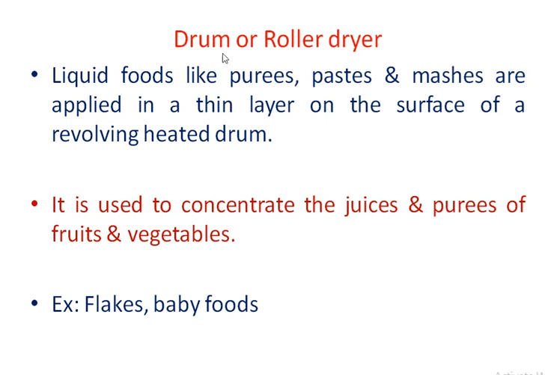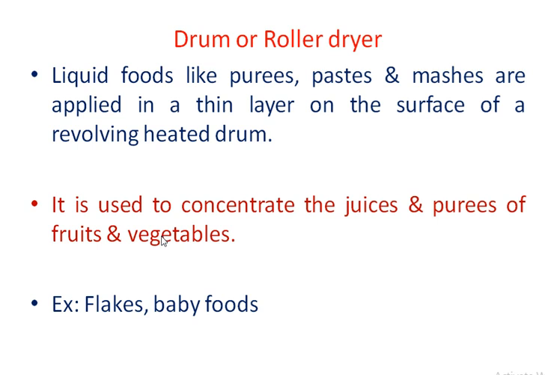Next one is the drum or roller dryer. In this dryer, liquid foods like purees, pastes and mashes are applied in a thin layer on the surface of a revolving heated drum. It is used to concentrate the juices and purees of fruits and vegetables.